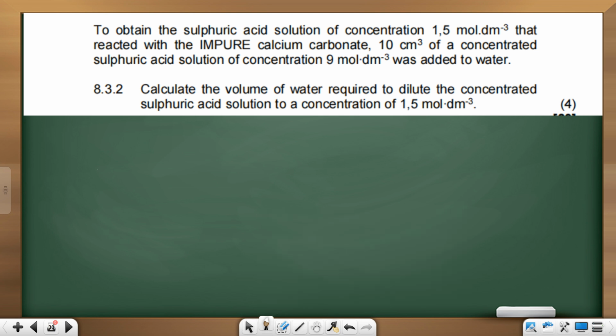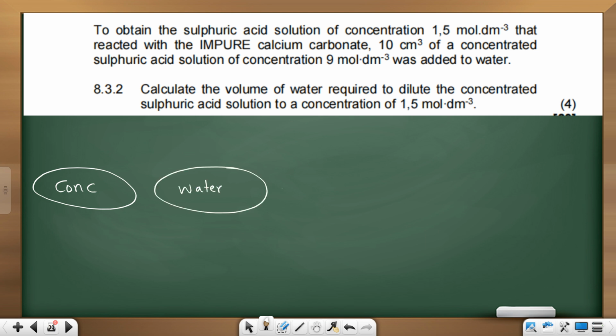Please, let's understand. We have concentrated, it's like your Oros, and you want to make dilute. So what do you do? You add your concentrated to water, and that should give you the dilute. Watch this. What do we know about the concentrated part? What is the concentration? 9 moles per cubic decimeter, right?